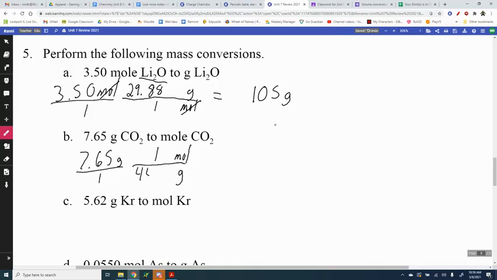So that's 44.01. Grams cancel out. We are left with moles. That is where we want to be. So now, since 44.01 is on the bottom, we have to divide that instead of multiply. So 7.65 divided by 44.01 equals 0.174 moles.